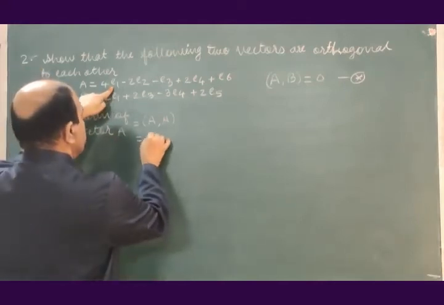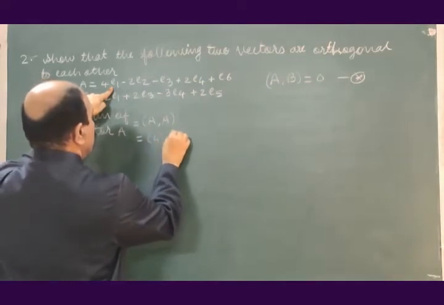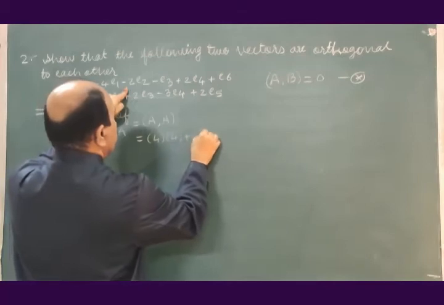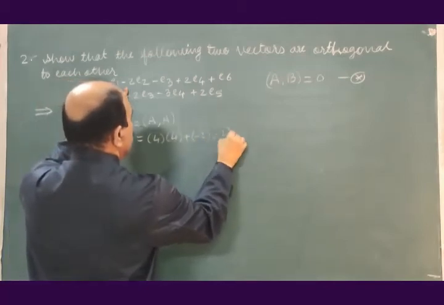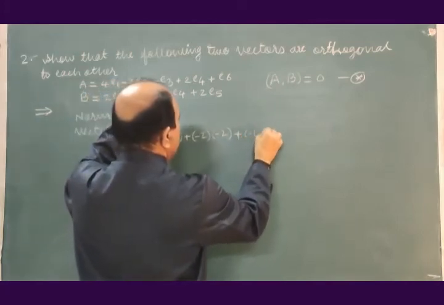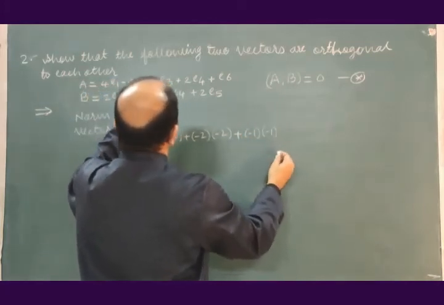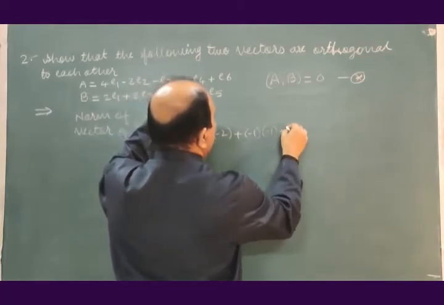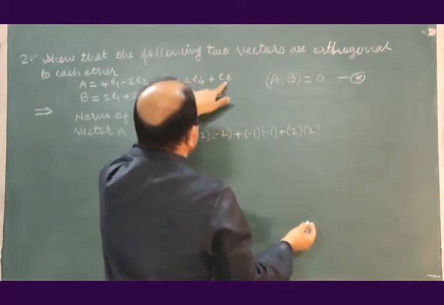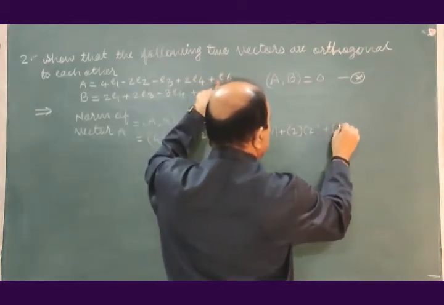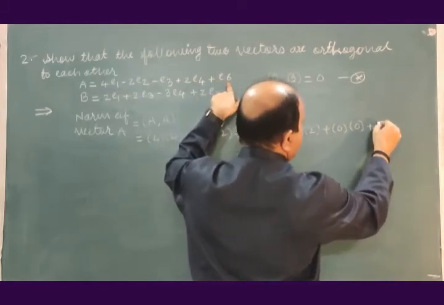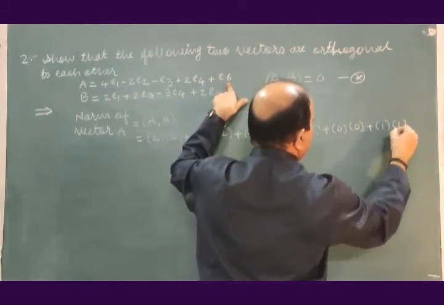So we write this as 4 into 4 plus minus 2 into minus 2 plus minus 1 into minus 1 plus 2 into 2, then 0 into 0 plus 1 into 1.